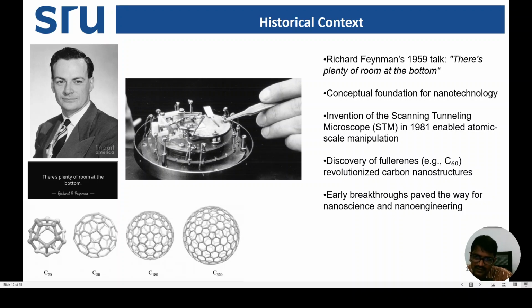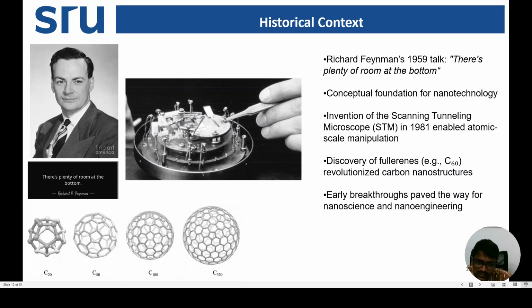That is the very famous statement given by Richard Feynman in 1959: there is plenty of room at the bottom. He laid the conceptual foundation for nanotechnology. If you see this picture, this is the STM, the scanning tunneling microscope. This was the very first device to see objects beyond our vision capabilities.